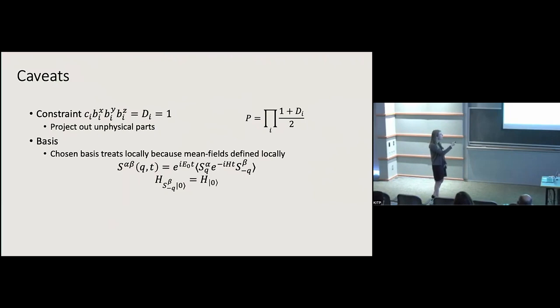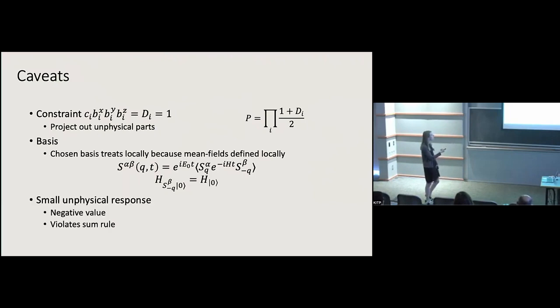But I think it makes more sense to compute in real space, since that's where the mean fields are computed. And then you might have seen this, there's small unphysical response in the S of Q omega that I was plotting. For some of the parameters, there are negative values, which should not happen strictly. And there are small violations of the sum rules at the level of percent, so like 4 or 5% for the largest parameters that we thought about.